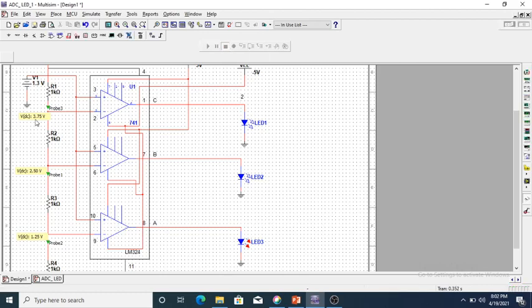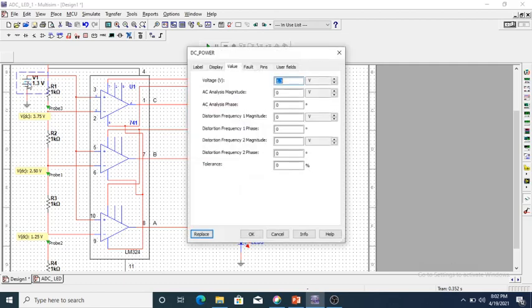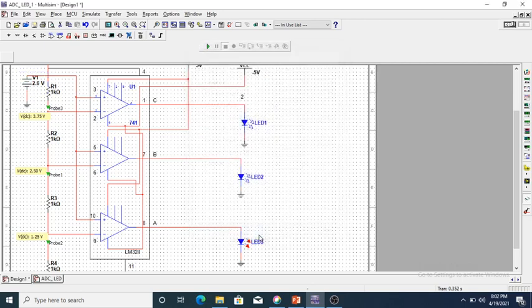Now when my input is greater than 2.50, so let us say 2.60 volt input, simulate it, then see LED 3 and LED 2 will glow because 2.60 is greater than 1.25 volt as well as greater than 2.50. So the input applied is 2.60, that's why LED 2 and LED 3 will glow.